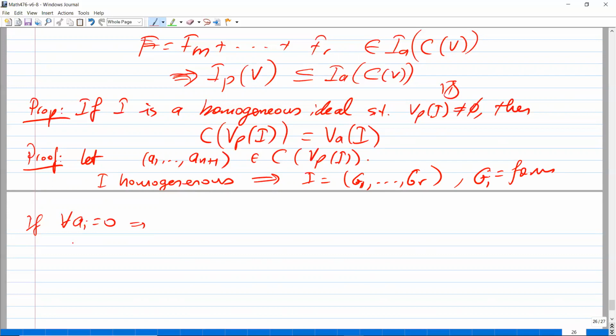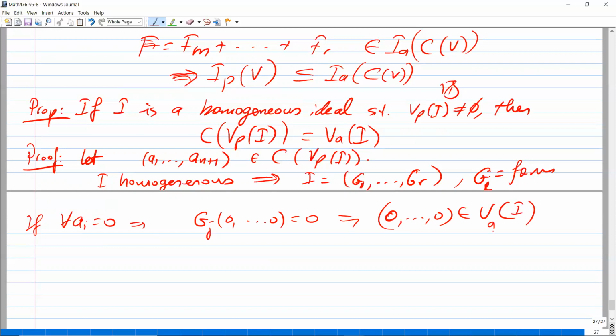Okay, if for all i, Ai is 0, then for any j, Gj of 0 is 0, because all the Gj's are homogeneous, so that this is 0. So that means 0 is in the zero set of every generator of I, so that it is in this set.